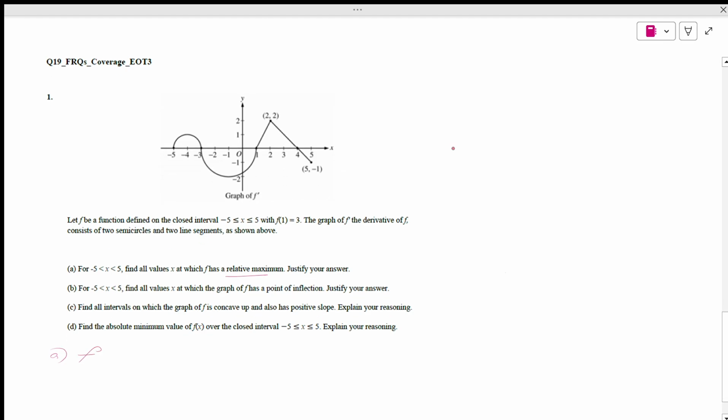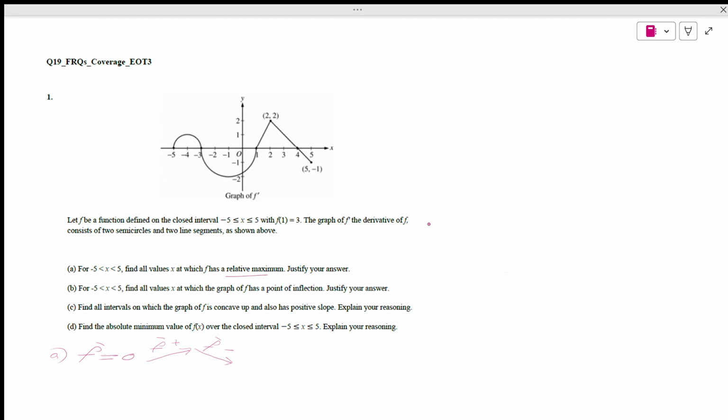That means f prime should be 0, and before that critical point, f must be increasing, then the derivative is 0, and then f is decreasing. So f prime needs to be positive, and after that point f prime should be negative.